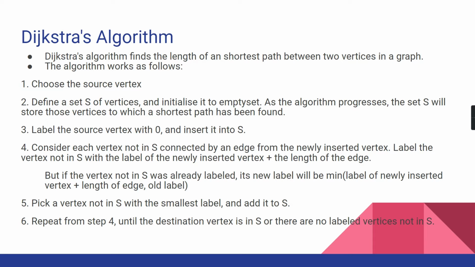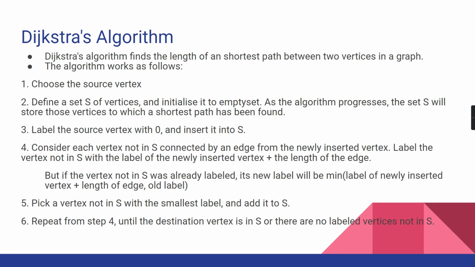We label the vertex not in the set with the label of the newly inserted vertex and the length of the edge. If the vertex is not in the set and was already labeled, its new label will be the minimum between the old label and the label that was just inserted plus the length of its edge.